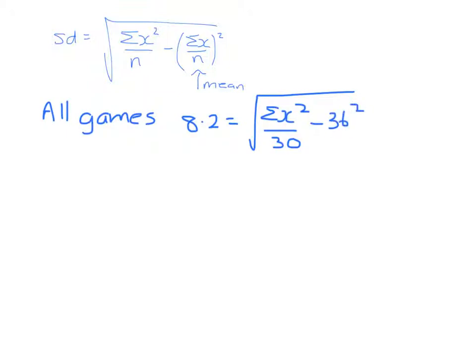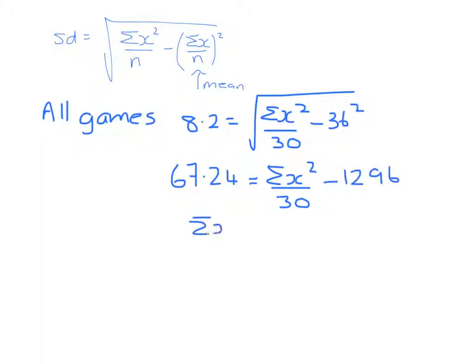Now if I square both sides, 8.2 squared is 67.24, so that has to be the sum of x squared over 30 minus 36 squared, which is 1296. So the sum of x squared over 30 will be 1296 plus 67.24.